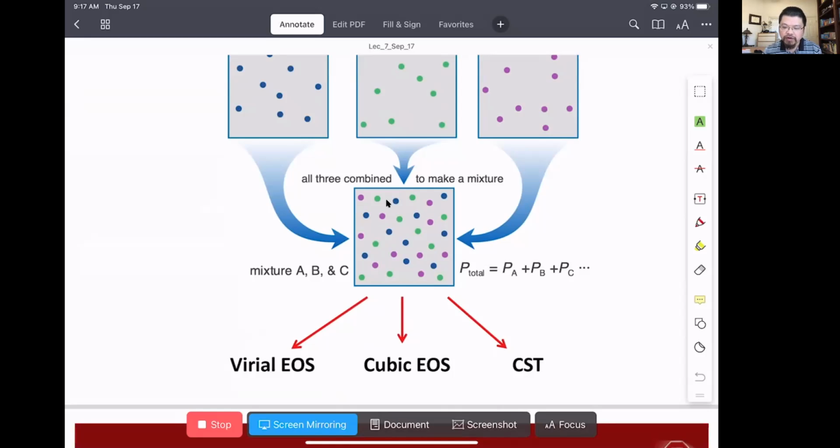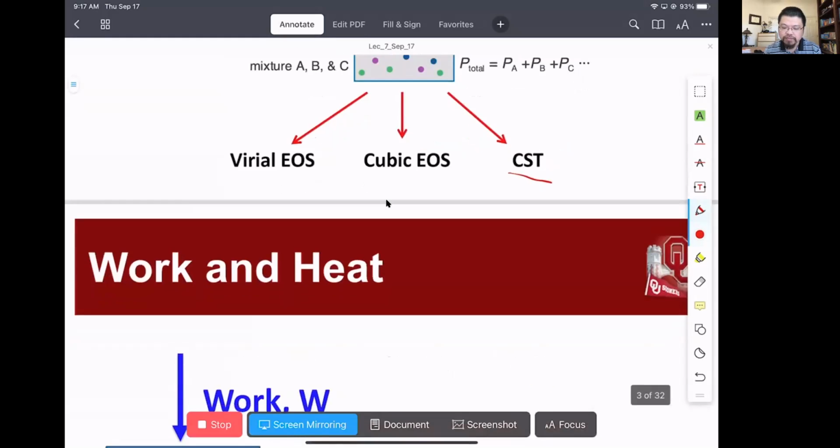We also have the very nice tool of the corresponding states principle, whether it's the 2-parameter version for simple fluids or the 3-parameter version, thanks to Pitzer with the idea of the eccentric factor.